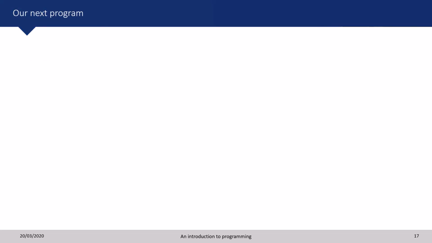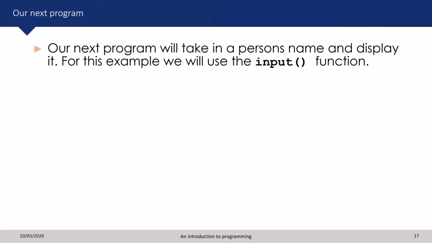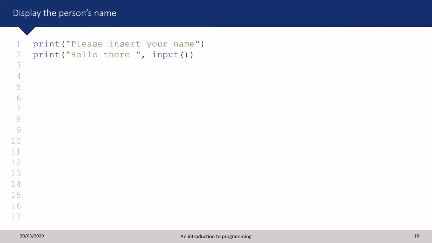Okay, when you've done that, we're going to work on the next program. This is going to use the input function. The input function is used to take information from the user, so they would type into the keyboard. In this case, we are printing the words please insert your name, just as we had with the Hello World. We've just got a bit of text inside our quote marks.